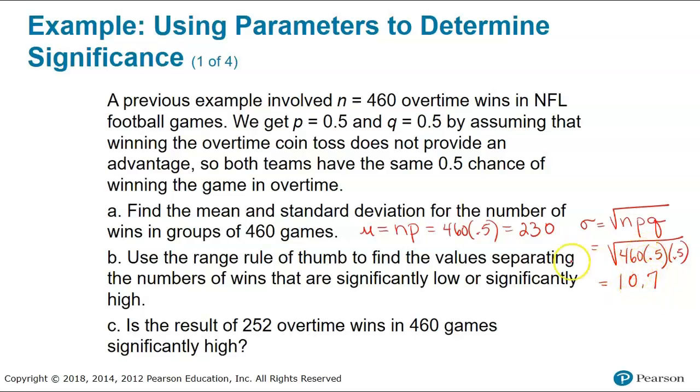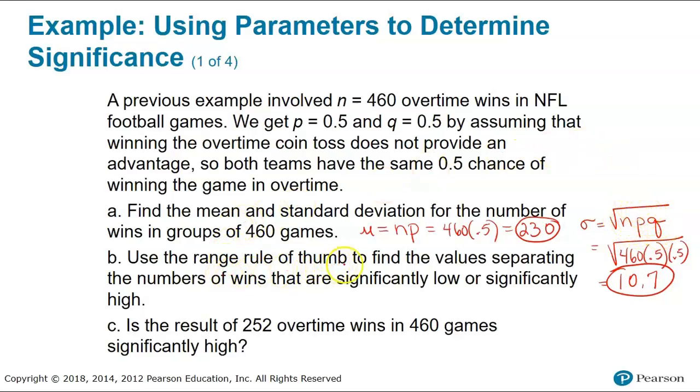So this is our standard deviation, and this is our mean. When it's binomial, which this one was, we can use these formulas where the mean is N times P and the standard deviation is the square root of N times P times Q.